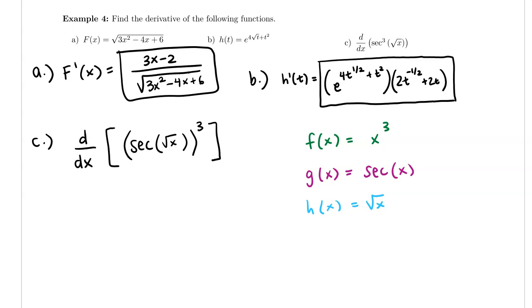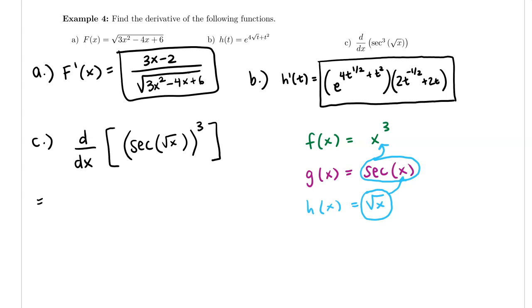So what we're doing is we're taking h of x, plugging that in for x here, and that gives us the secant of the square root of x, and then plugging that into x cubed to give us the function that we're looking at. So this means that we will need to apply the chain rule 2 times.